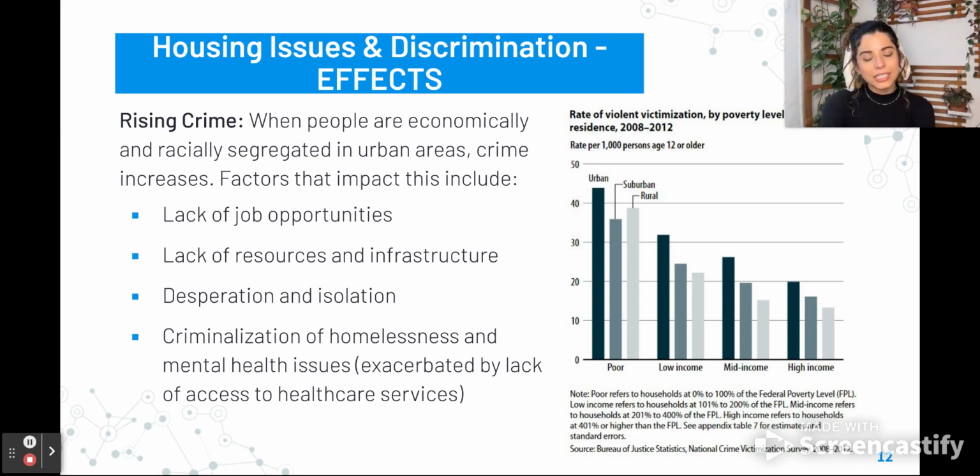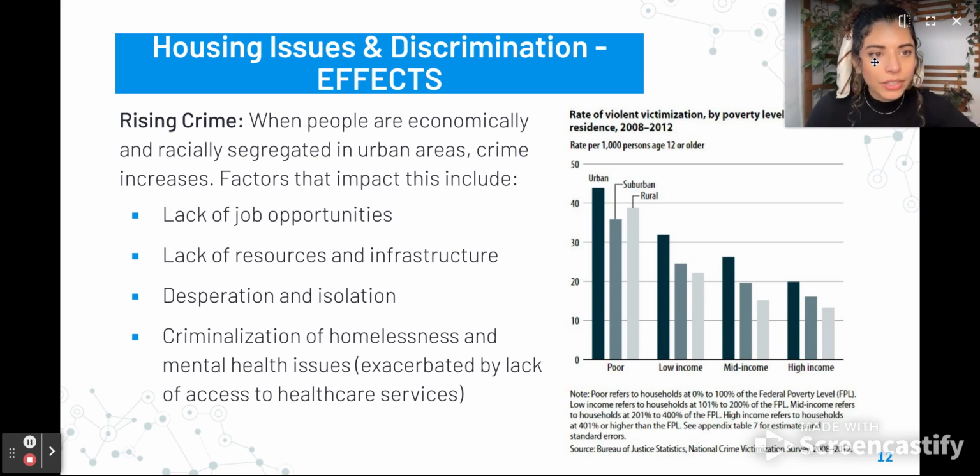So lack of job opportunities can be rooted in a lot of different things. Also, lack of resources and lack of infrastructure in certain areas where we see higher poverty rates. Desperation and isolation, criminalization of homelessness, and mental health issues. And that usually is tied to lack of healthcare services.